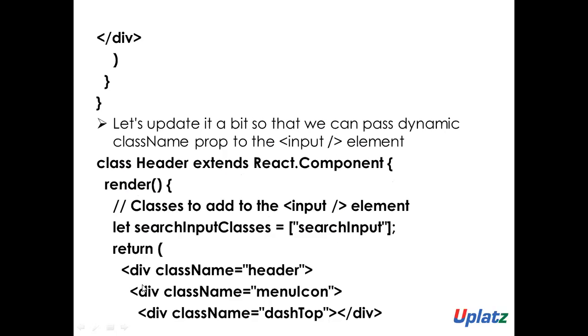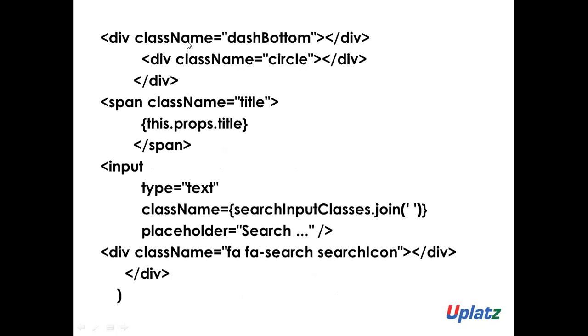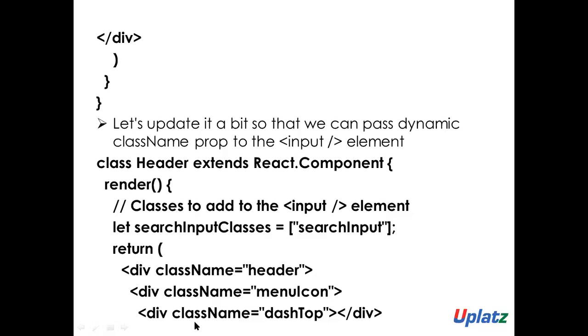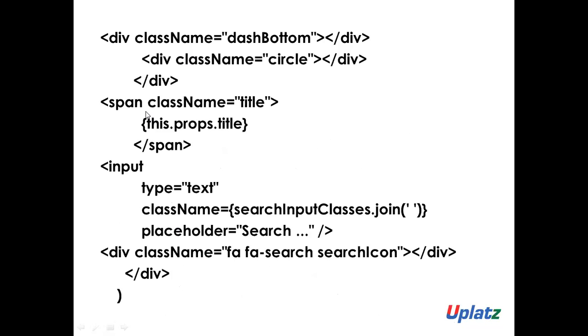I'm returning className header, and the other div, menu icon, dashboard, and div, etc. Next, div className dash bottom, and I have a circle. Inside the div, I have enclosed all the other tags in my render method. Inside that span tag, I have a className title, this.props.title.